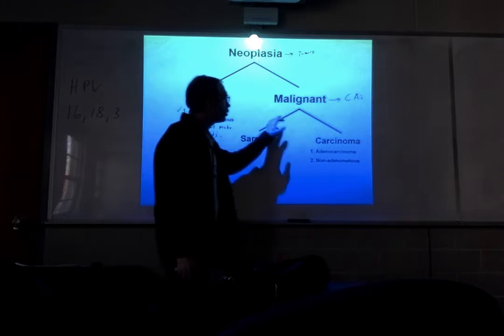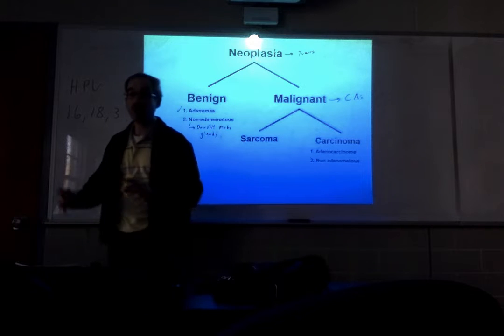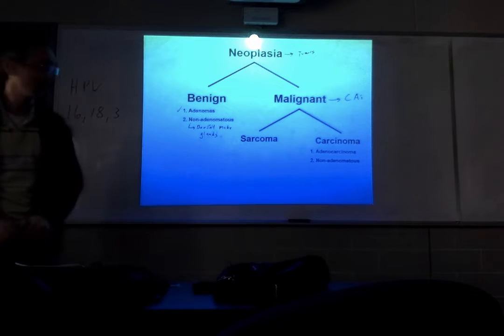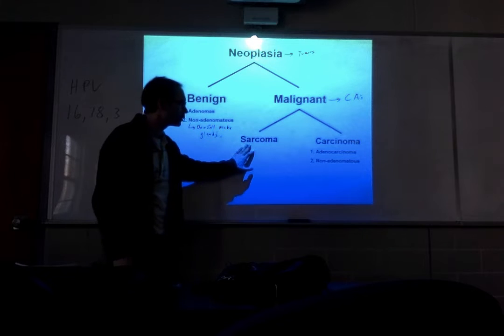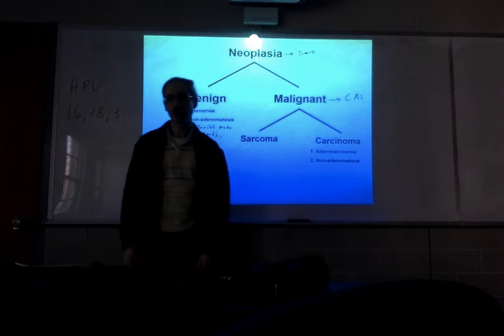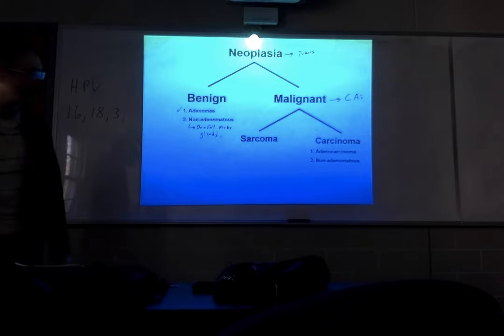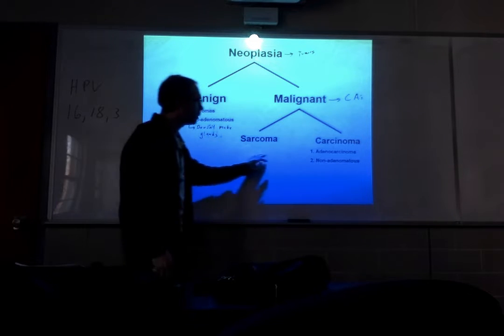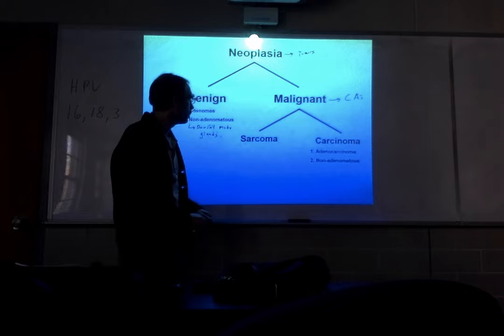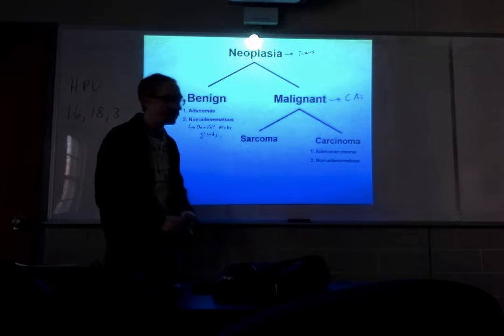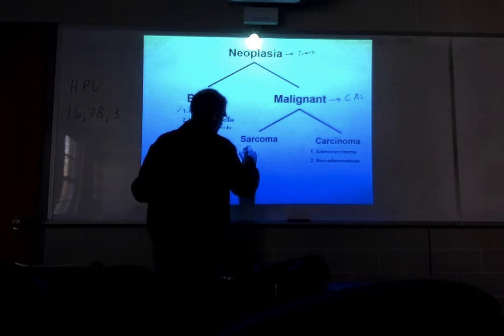However, malignant neoplasms can be broadly subdivided into two subcategories. We've got the sarcomas, and we've got the carcinomas. You've probably heard of these, sarcomas and carcinomas? Okay. What's the difference between sarcoma and carcinoma? A sarcoma is a malignant neoplasm that develops from mesenchyme.